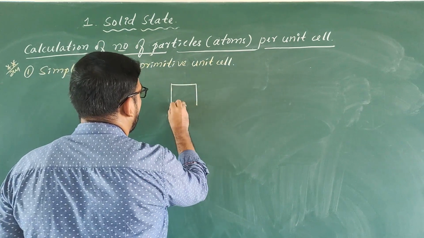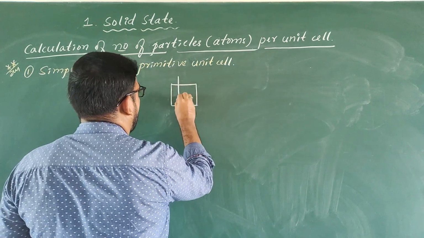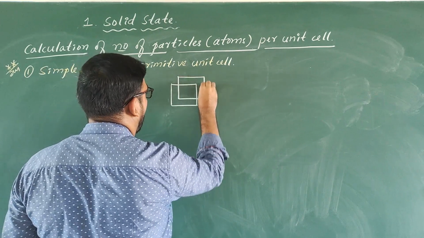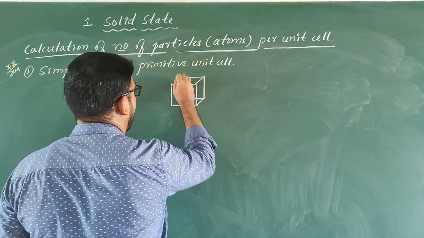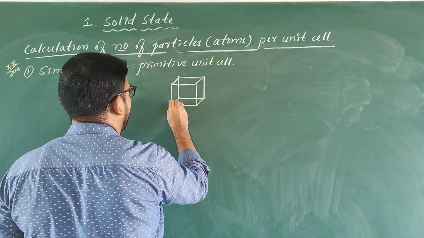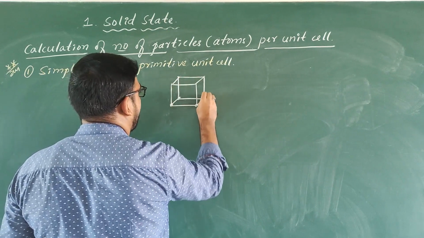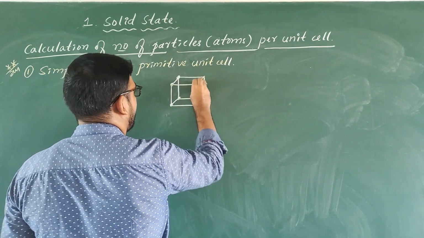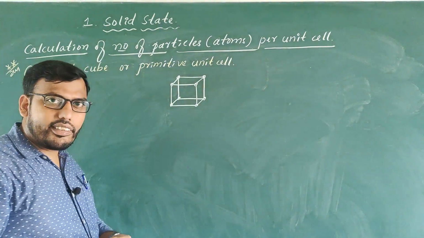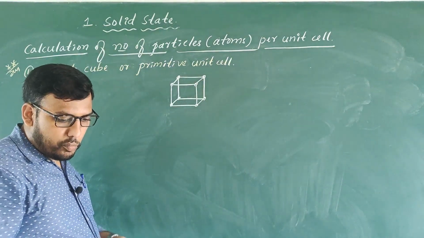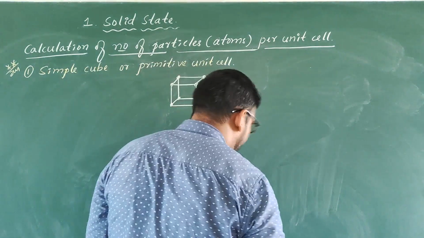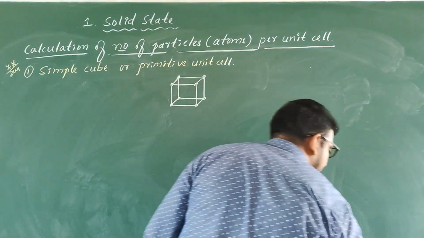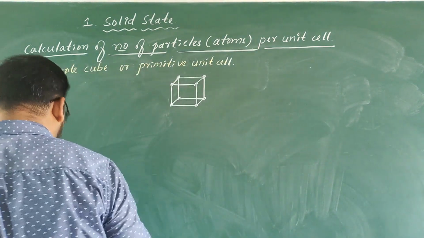In simple cube, the particles are present only at the corners. So in the simple cube or primitive unit cell, the particles are present only at the corners like this. First I will write that sentence. Simple cube has 8 particles at the corners.